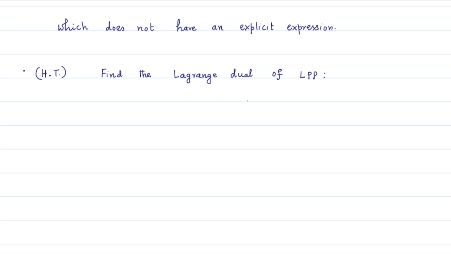of the linear programming problem, where we go for maximizing c transpose x subject to Ax less than or equal to b, x greater than or equal to zero, and here I am taking x belonging to Rn. c is a given constant vector in the n-dimensional Euclidean space, so c is in Rn.